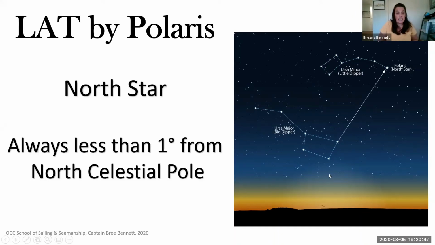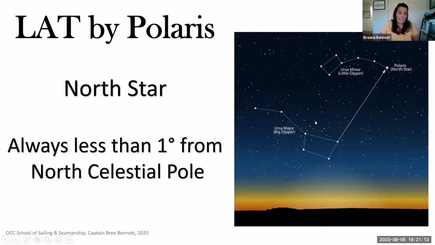In order to find the North Star, you want to find the Big Dipper. This is how I find it easily. You find the Big Dipper, and then the 2 stars, I call them the pointer stars, point to the North Star, to Polaris. And then Polaris is also part of the Little Dipper.